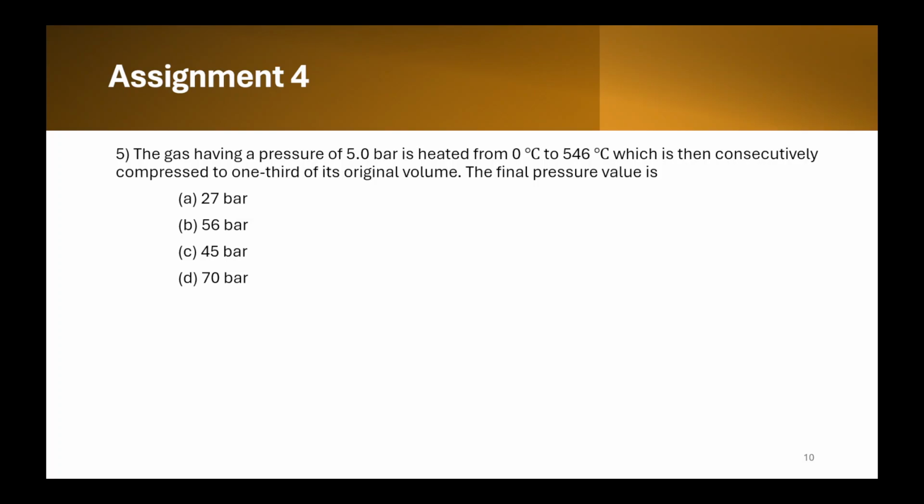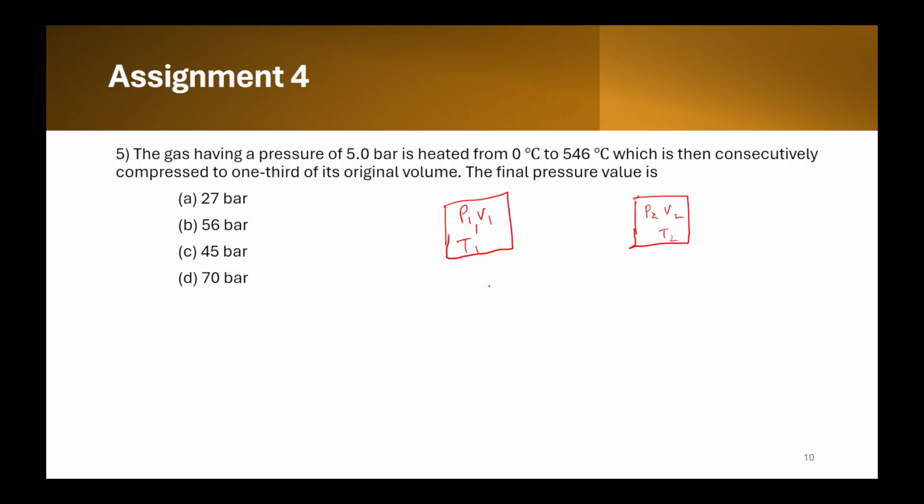Next question. The gas having a pressure of 5 bar is heated from 0 degree Celsius to 546 degree Celsius, which is then consecutively compressed to 1/3 of its original volume. The final pressure value is, so suppose there is a system which has P1, V1 and T1, and after some time it changes to another state, P2, V2 and T2.